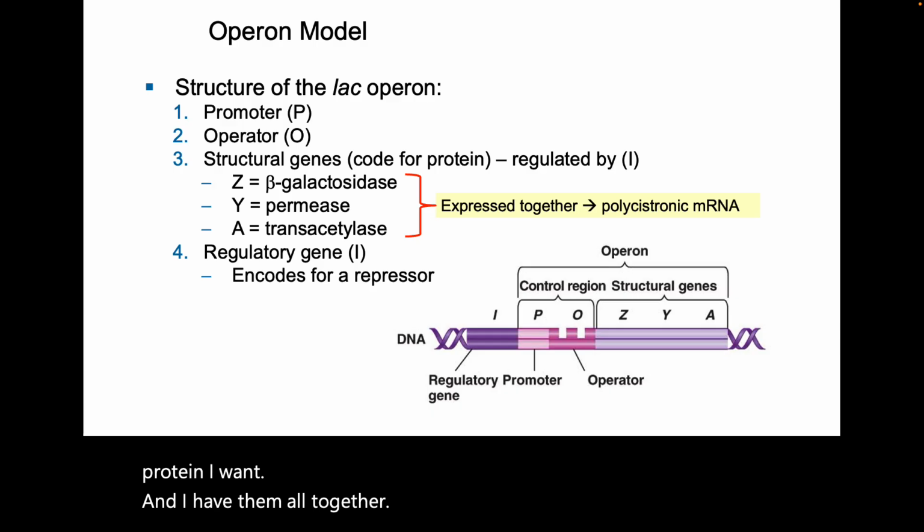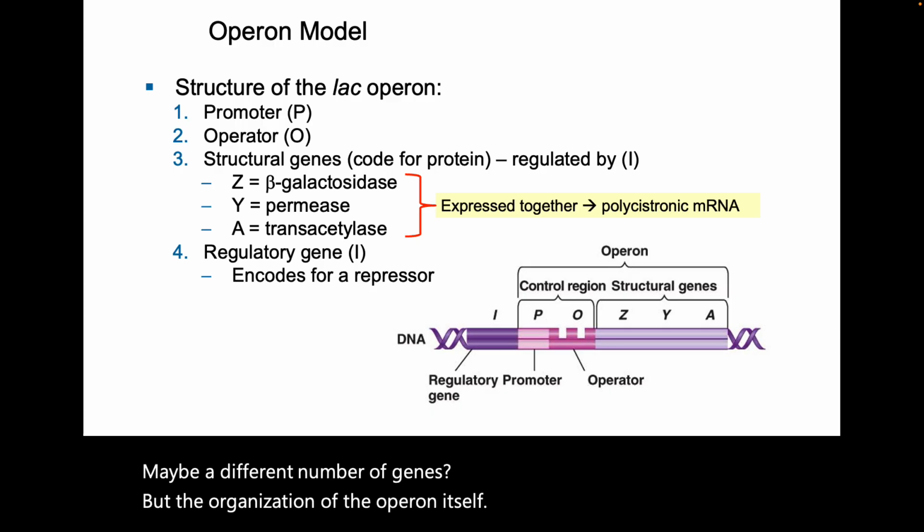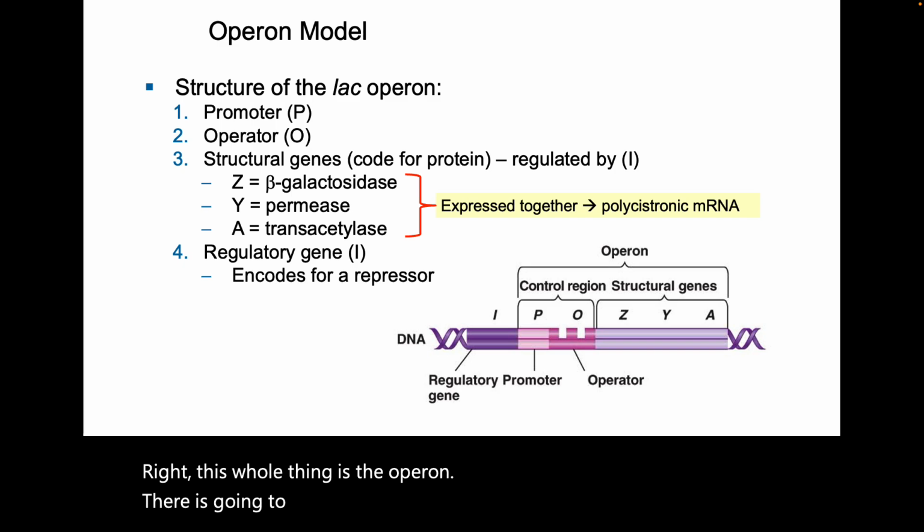So broadly, every operon will look like this. Maybe a different number of genes, but the organization of the operon itself, right? This whole thing is the operon. There is going to be a promoter, an operator, and then the number of structural genes, often 3 to 5.